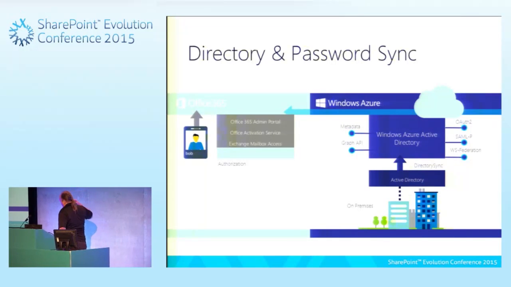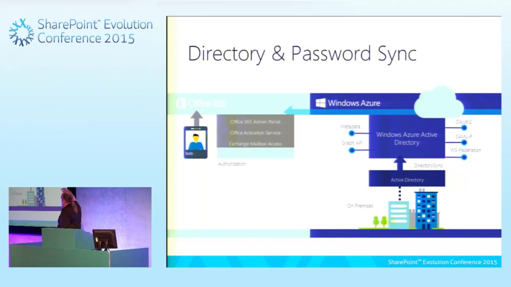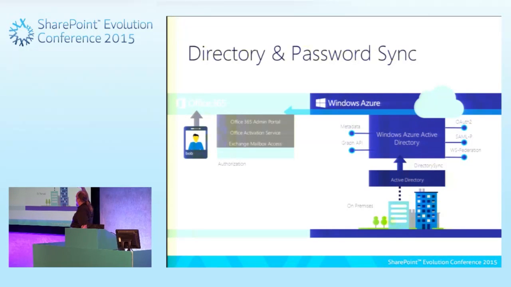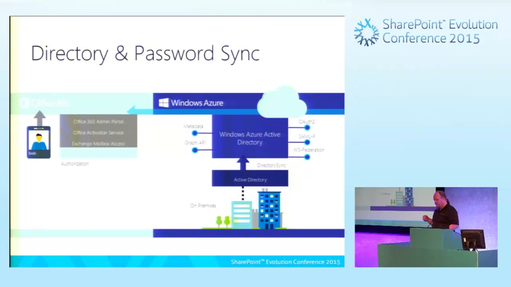There are some requirements if you do this, and some validation you need to do on your on-premises environment to make it work. One of the key things from an identity point of view is that when you do directory synchronization, users don't authenticate against Office 365 using a domain and username, because they always authenticate using the user principal name, like joeuser@contoso.com.